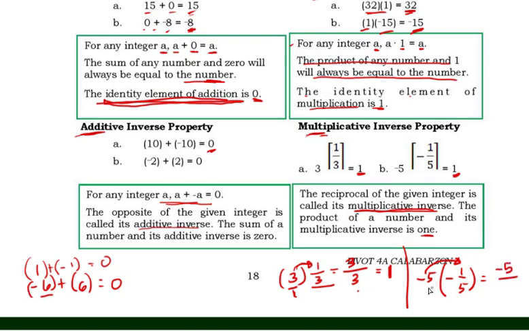Okay, dito naman po, over 1. So, 1 times negative 5. Ano po ba ang product? 1 times negative 5 is negative 5. Kaya po ang sagot dito, negative 5 divided by negative 5 is equals to 1. Kaya po siya naging 1. Okay?